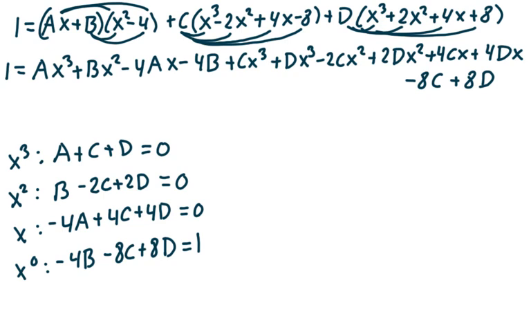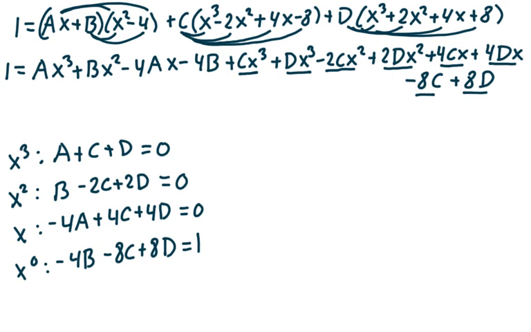Now, I also rearranged terms. Notice how I have cx cubed plus dx cubed, so I collected the x cubed terms together, and then I have minus 2cx squared plus 2dx squared plus 4cx plus 4dx minus 8c plus 8d.